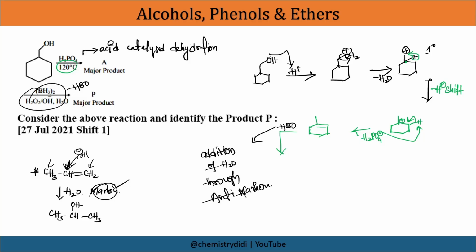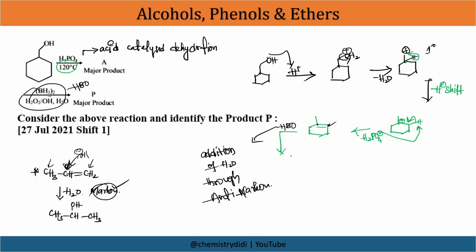And anti-Markovnikov rule means just the opposite of this. So here what we'll get? Across the double bond, these two carbons are there, so you need to focus on these two carbons. Here we have added OH negative to the more substituted carbon. Here we need to add OH to the less substituted carbon, this one, right?